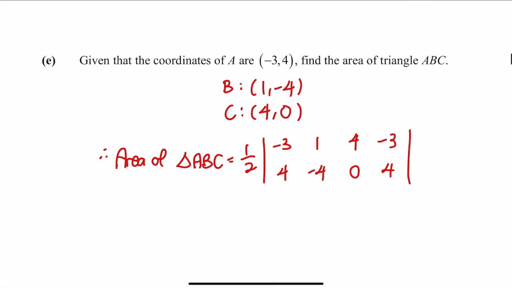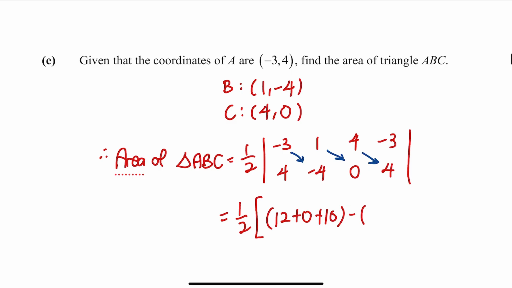Then now I can apply the shoelace method. So this will be -3 times -4, multiply downwards in this direction. I'll get 12 plus 0 plus 16 minus. Now I go in the other direction, which will be minus 4 minus 16 plus 0.